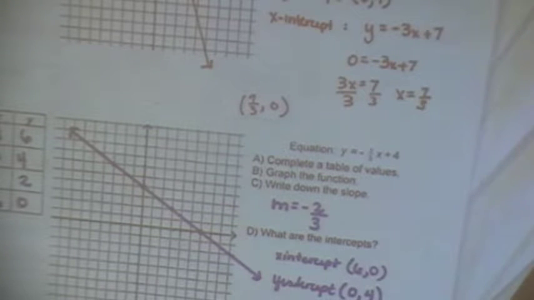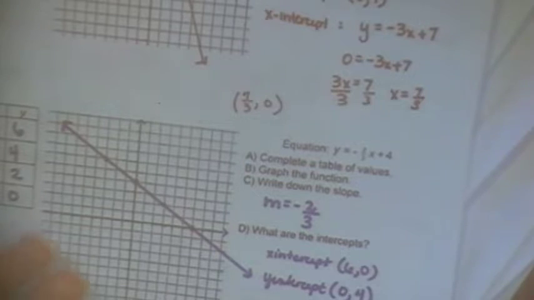So my x-intercept is (6, 0). My y-intercept is (0, 4). Good? Questions? Awesome. There goes the easy stuff.